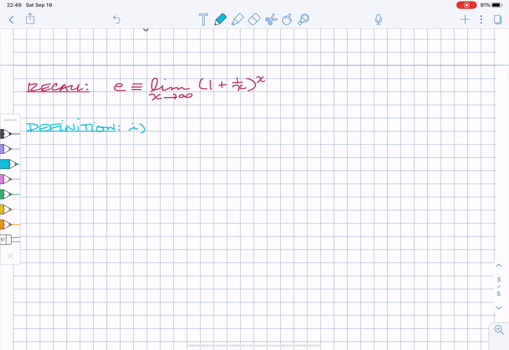So number 1, the common logarithm. That's what we're defining first.